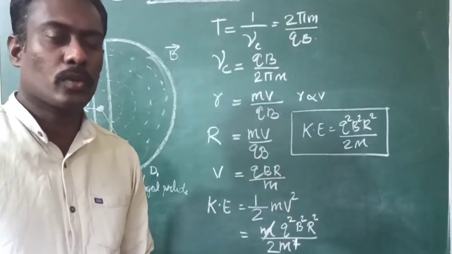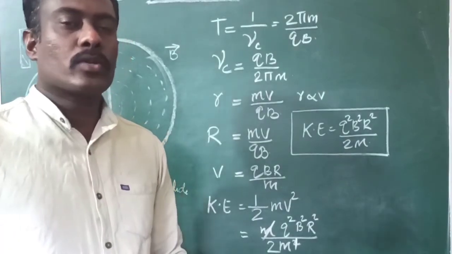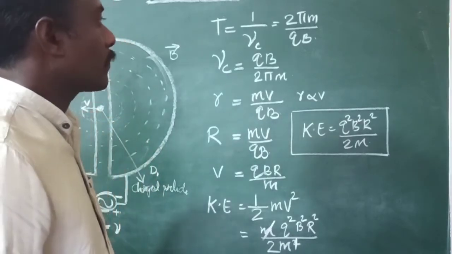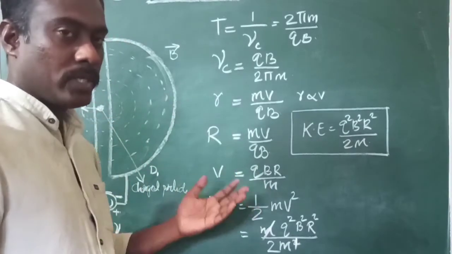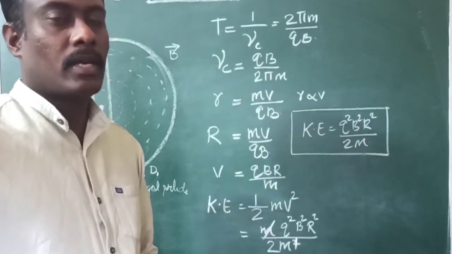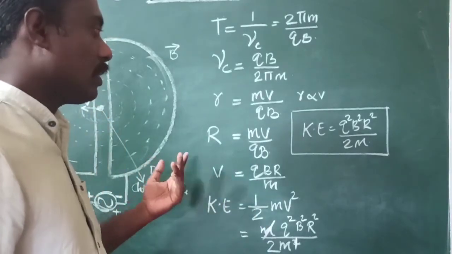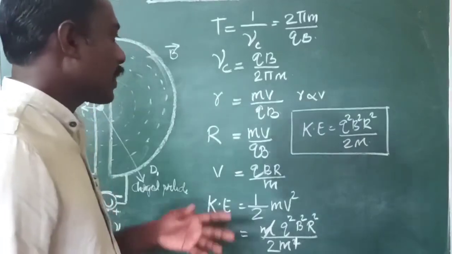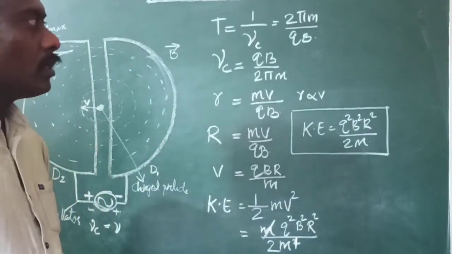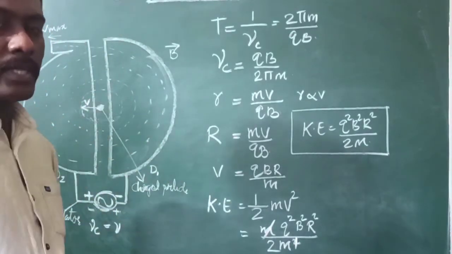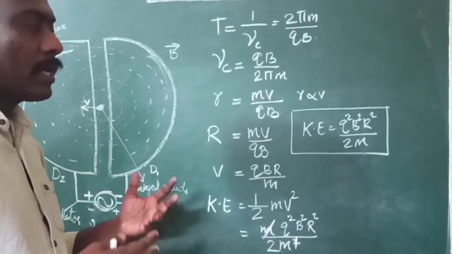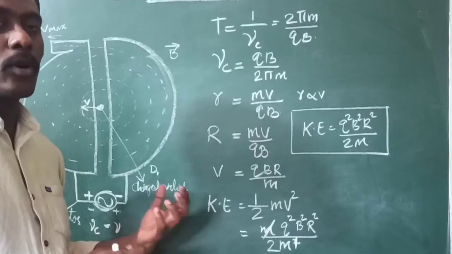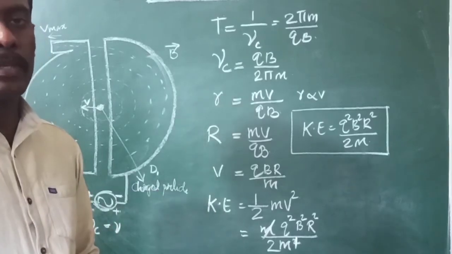Some of the uses of cyclotrons: they are used to study nuclear reactions, since they relate to charged particles. Cyclotrons are also used to implant ions in solid materials, and when ions are implanted, the properties of the solid can be improved.